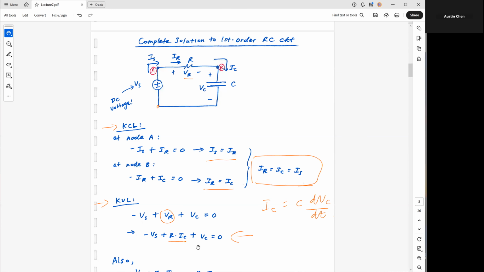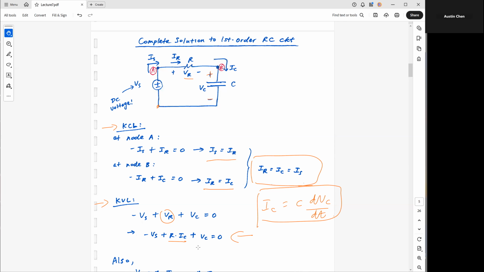Immediately you can see the form of the first order derivative, dVc over dt. And of course, Vc in this circuit is our variable of interest, because we wanted to know the voltage drop across this capacitor. From here we'll be able to make a plot, which is what I showed you earlier.